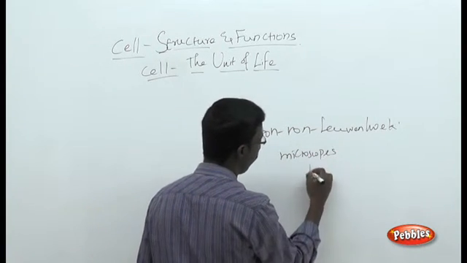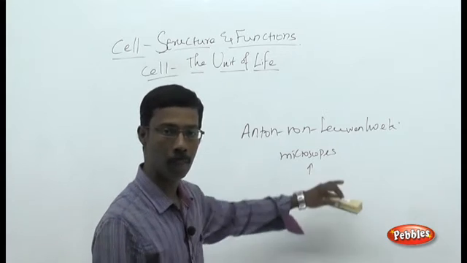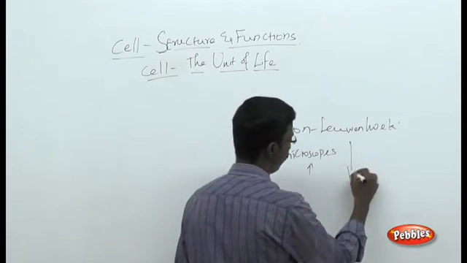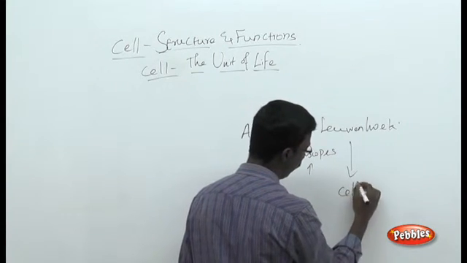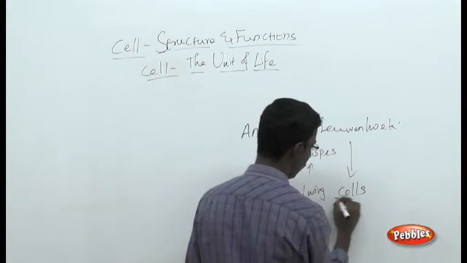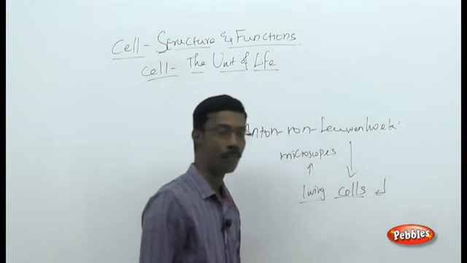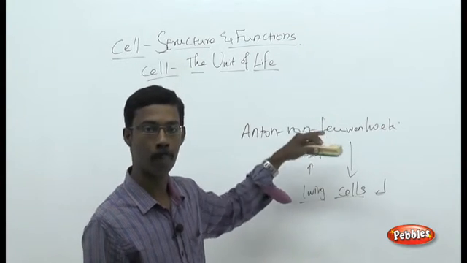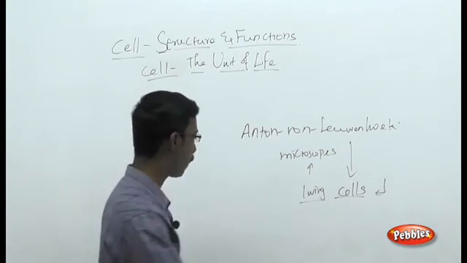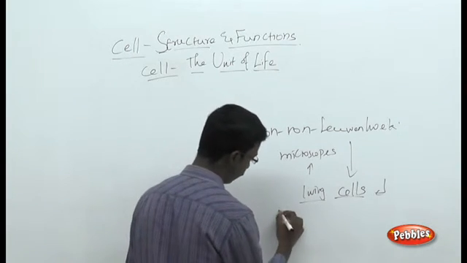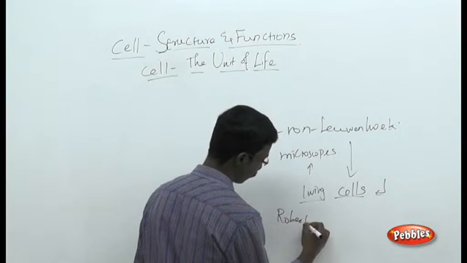The preliminary biological microscope was discovered by Anton von Leeuwenhoek, and he observed the first living cells under the microscope. The next major scientist you have to remember while studying cells is Robert Brown.